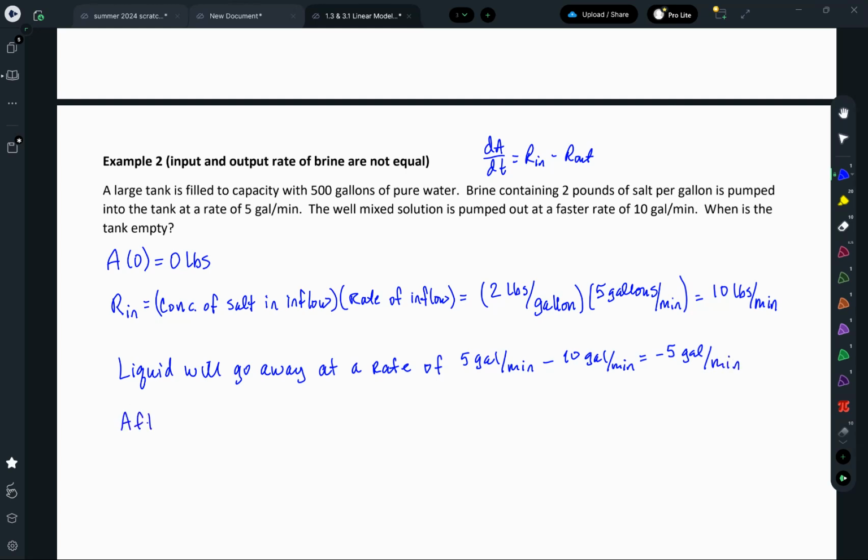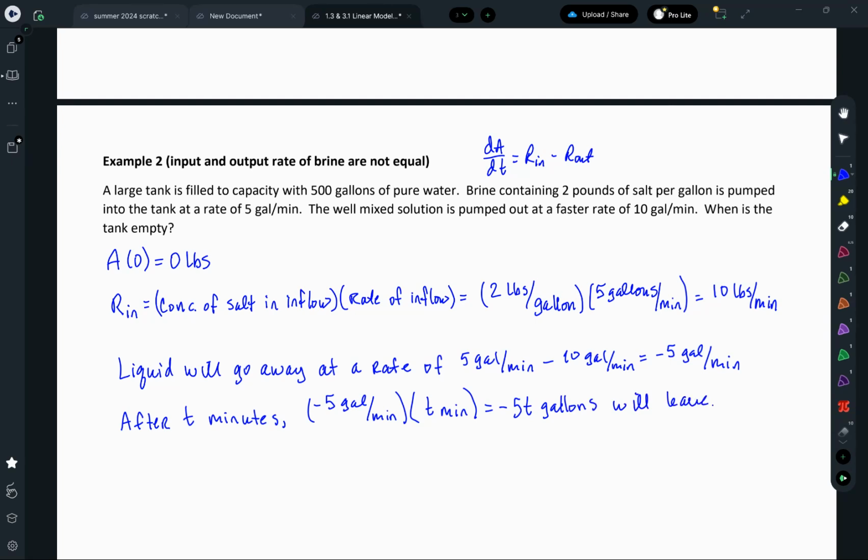After t minutes, what will happen is we'll have a negative 5 gallons per minute times t minutes. This is going to equal, well, the minutes are going to go away and we get negative 5t gallons will leave.